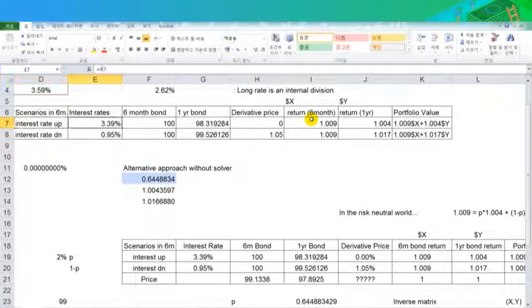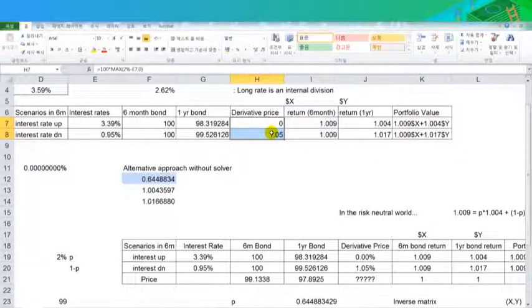And our goal here is to set X and Y appropriately. We want to set X and Y by determining the investment in 6 months bond and 1 year bond appropriately so that we match this portfolio value exactly the same as this one.